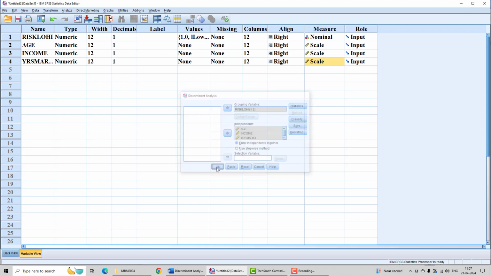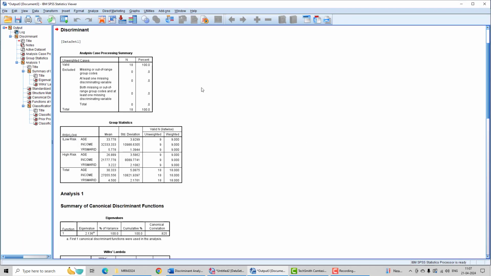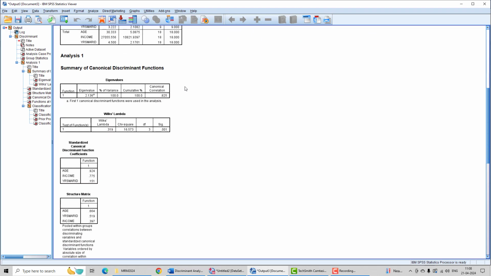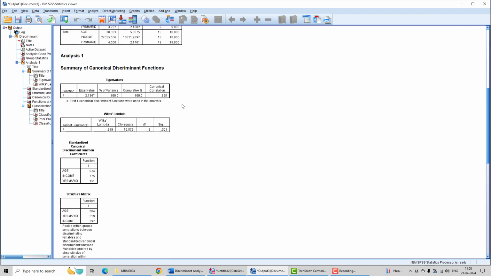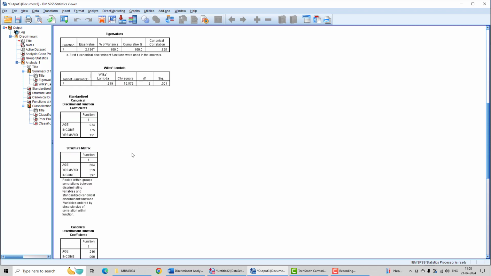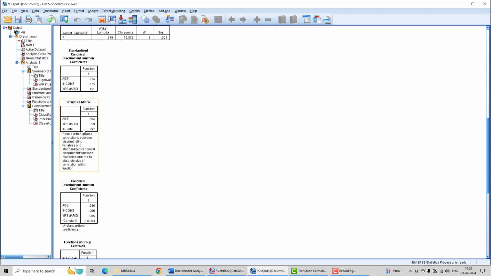Okay, and then I'll go for my report. So if you see here, I have got the different tables. The important tables are this Wilks lambda table, which I have already copied. I will copy this on the Word doc. The second is standardized canonical discriminant function coefficients. Then we do not require the structure matrix, but we require unstandardized coefficients.